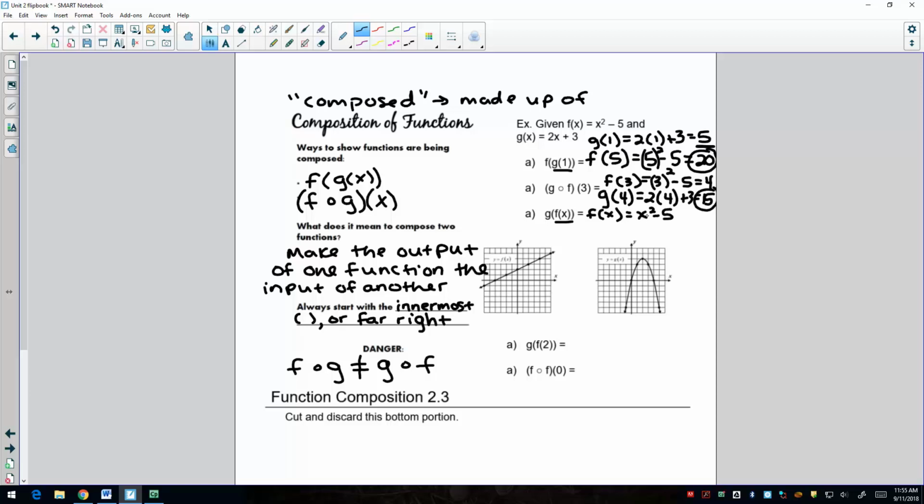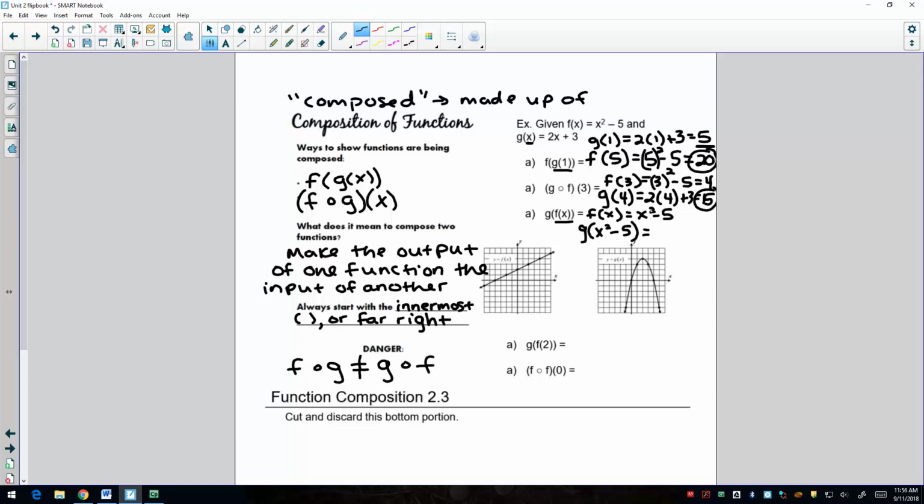Now that's my output for f of x, so I'm going to take my output and it becomes the input of g. So now I'm going to find out what g of x squared minus 5 is.